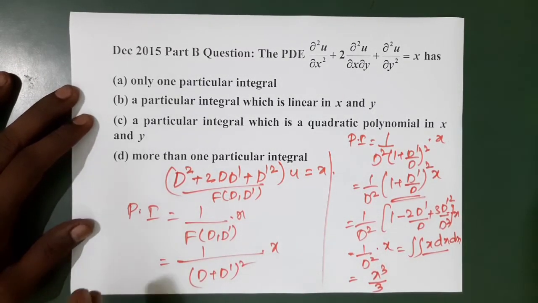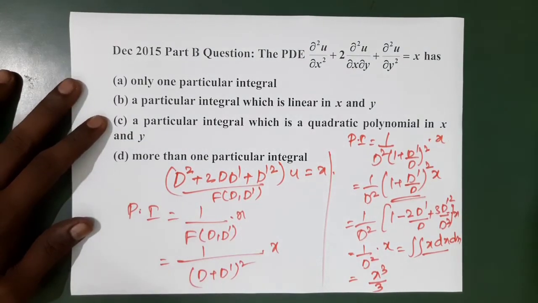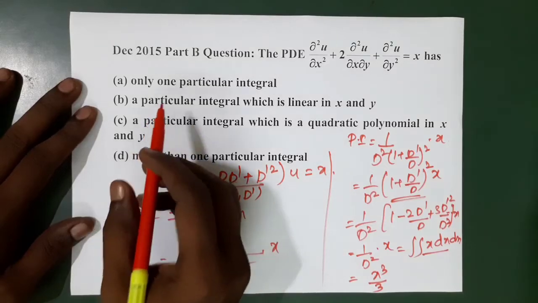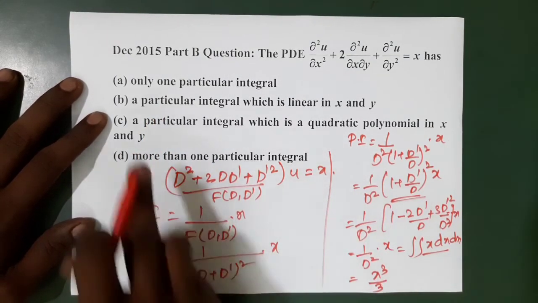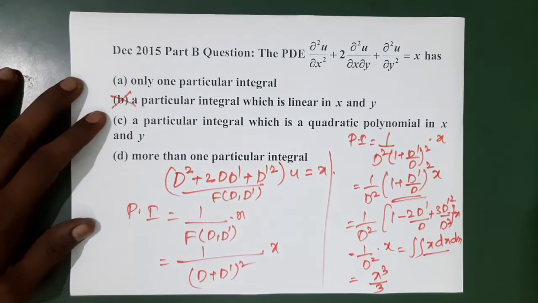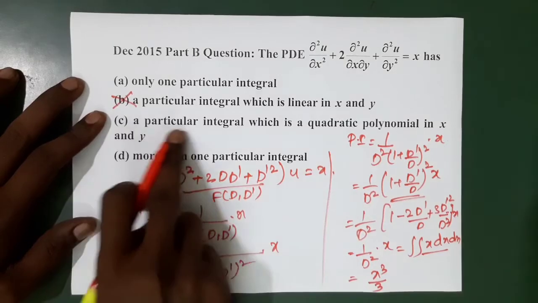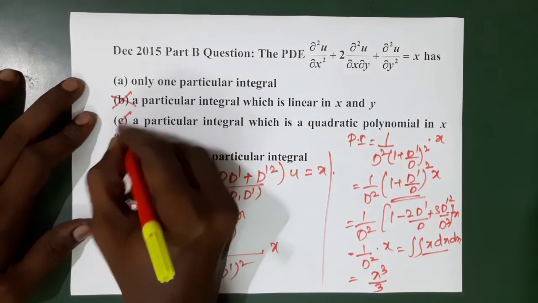First we have to look at the solutions. Which are the solutions that are not possible? You can easily eliminate those. Option B is given as linear in x and y. This is incorrect, as we have x cube. Option C is quadratic. Quadratic means degree 2, but here it is degree 3, so this is incorrect.